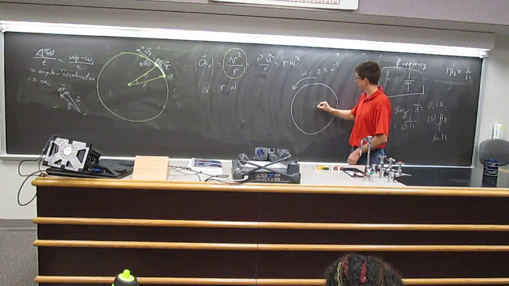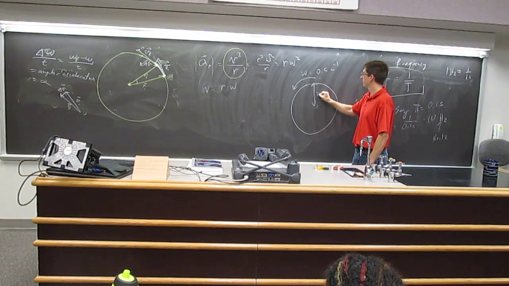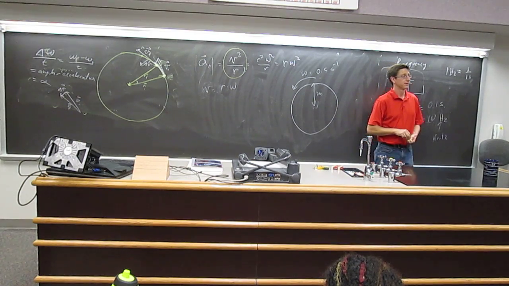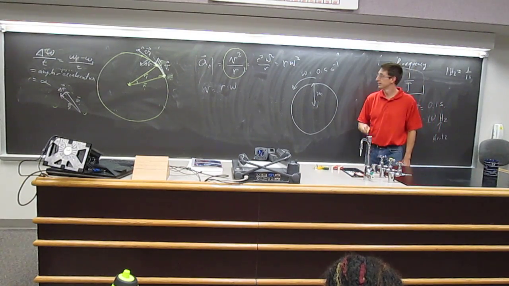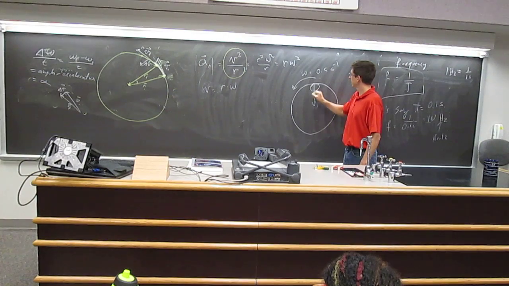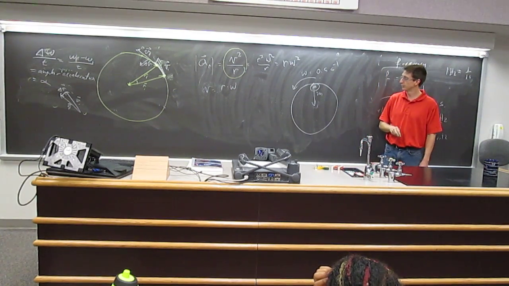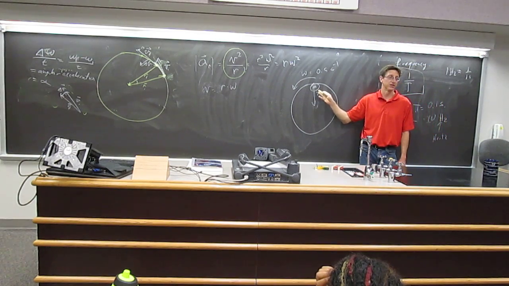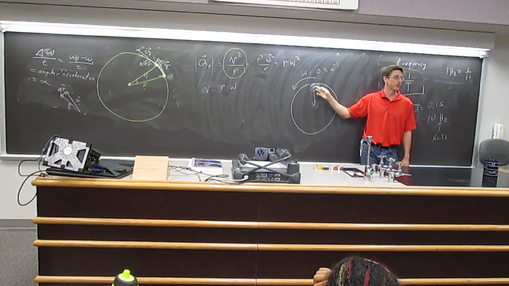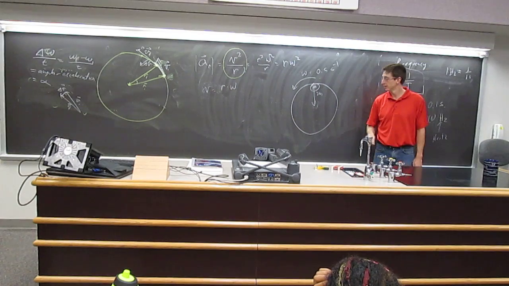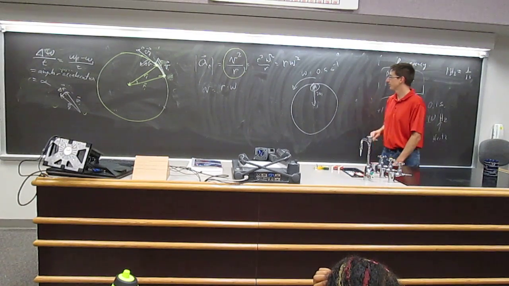And it has a radius of 2 meters. If a person is on the edge of this playground, and I do a big person, we'll say that the radius of this person's at 2 meters. So maybe here, 2 meters.